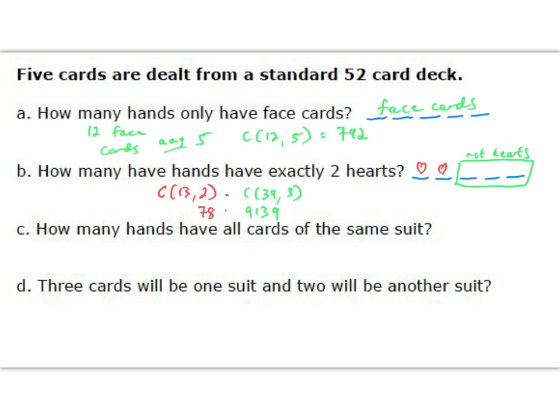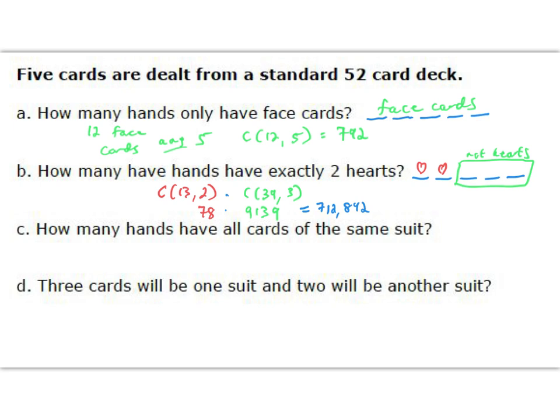And what I shall do is multiply those numbers together, because ultimately this is a fundamental counting problem. So you make your selection for the hearts, make your selection for the cards that aren't hearts, and multiply those two together. And when you do, you get a big number: 712,842 different hands that have exactly 2 hearts.